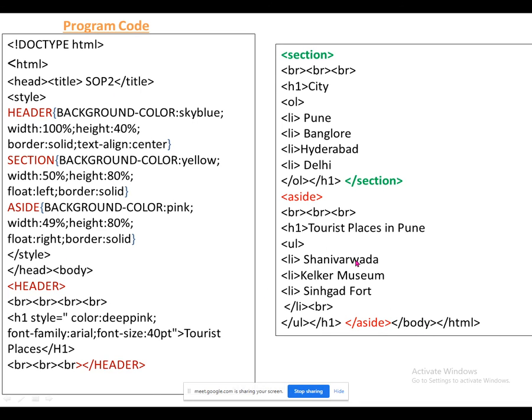Only 3 parts you are giving, with internal CSS and one inline CSS, managing the header, left side and right side, with the section on the left side and the aside on the right side, and you are closing your web page.